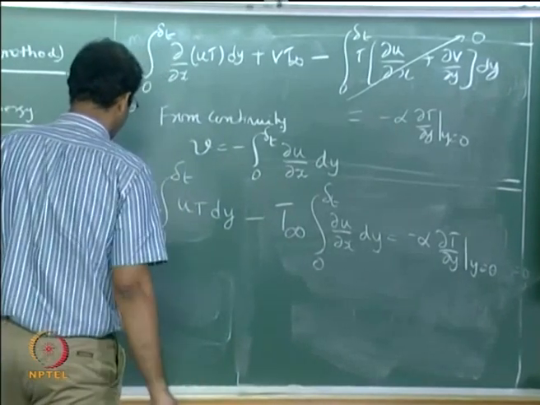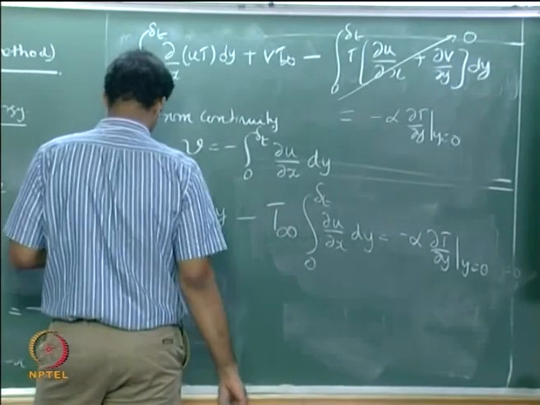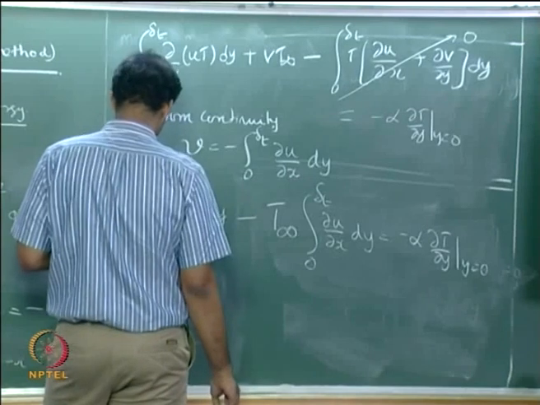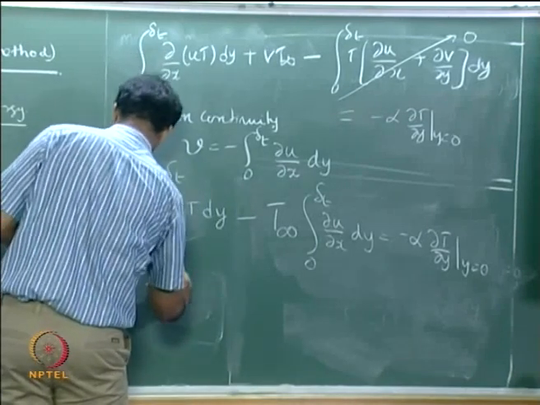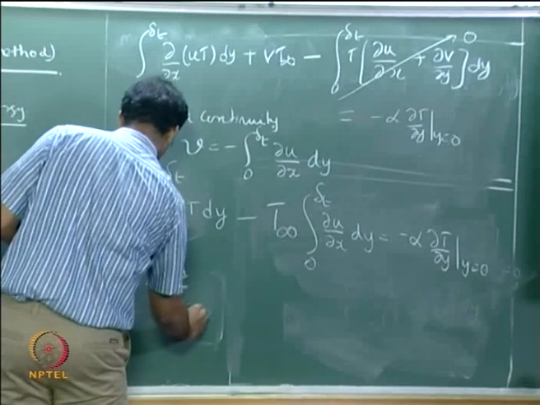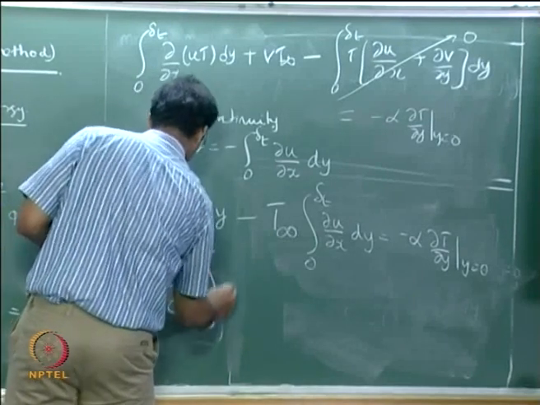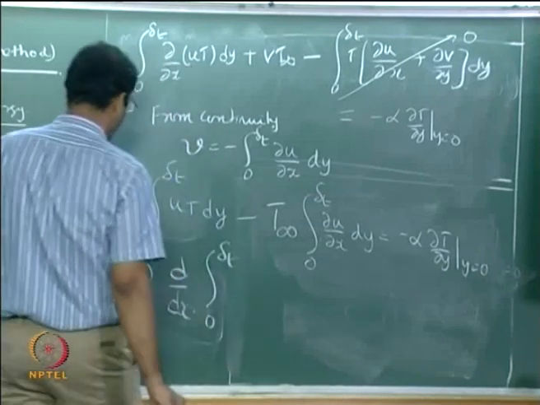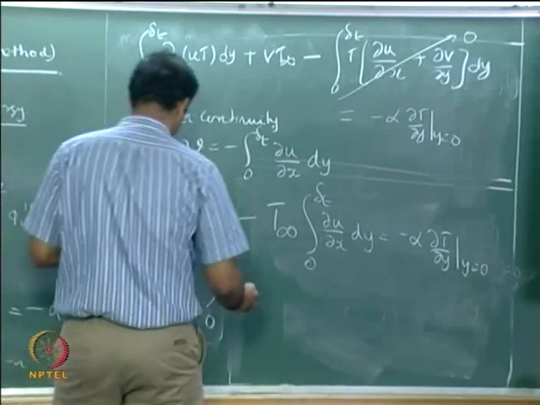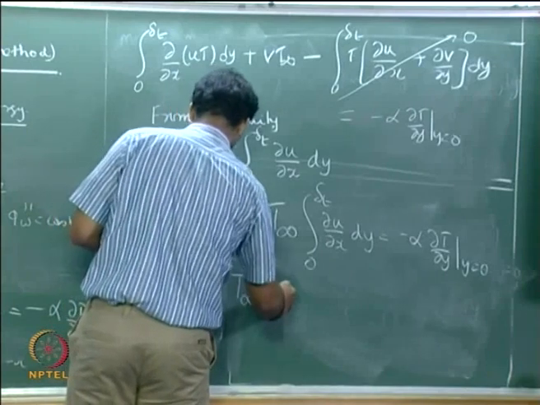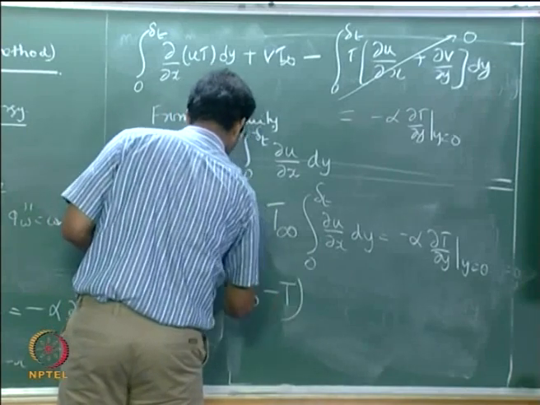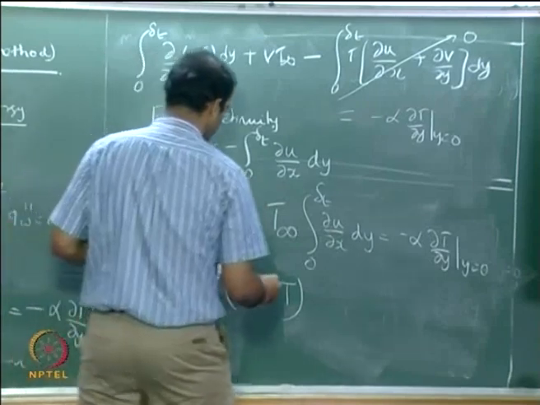Okay, so I just want to combine these two terms. I can write this as d by dx of the integral 0 to delta T. I multiply by a minus sign throughout. This will be T infinity minus T. So u is common for both.